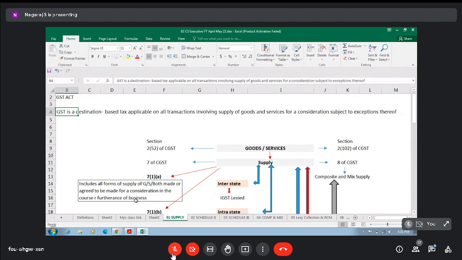If you split the definition, the wordings given in Section 7(1)(a), it includes all forms of supply.